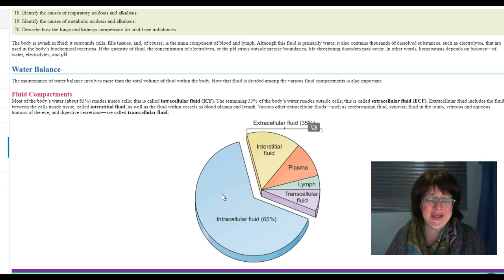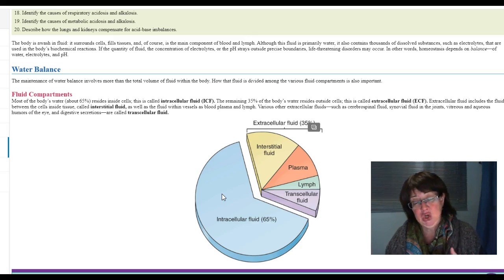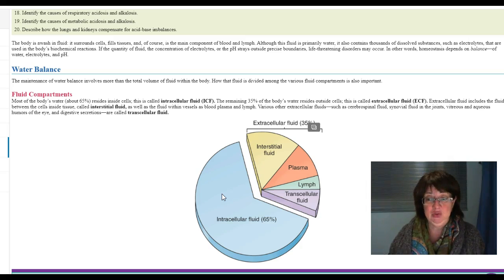And this is important because it gives pressure in the cell, and it also provides the universal solvent for the body. Then we talk about the interstitial fluid, and that is important for helping, again, to transport nutrients to the cell.